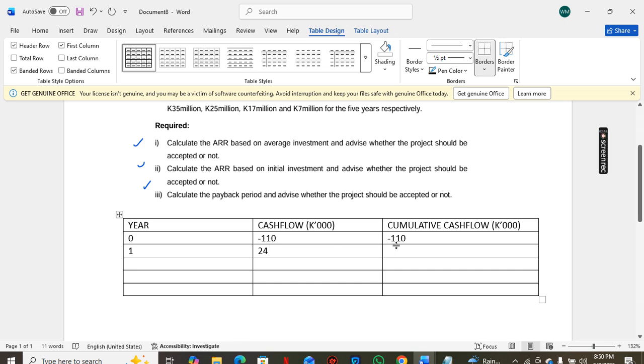Okay, so we'll find out how much is remaining that needs to be retrieved. So you're going to say negative 110 million plus 24 million. Please don't say minus. You'll be doing it wrong. Okay, so negative 110 plus 24, what do we get?